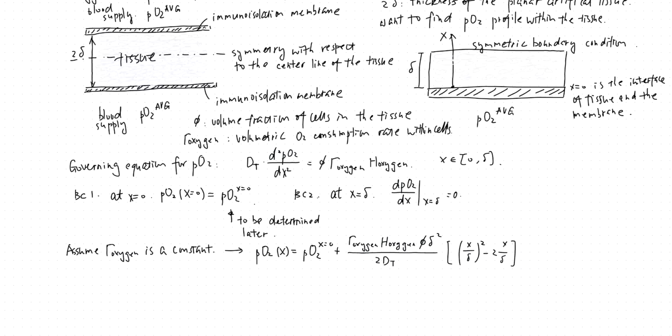So here D_eT is the effective diffusion coefficient of oxygen in the tissue.